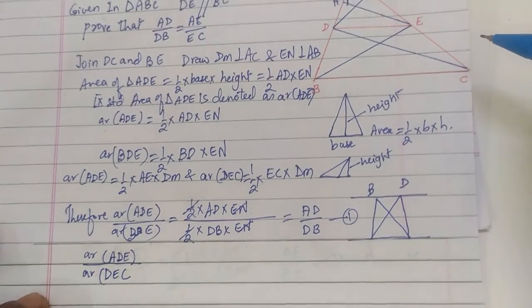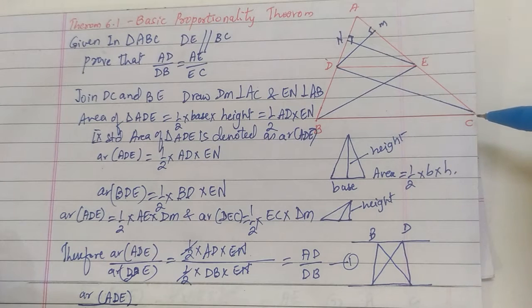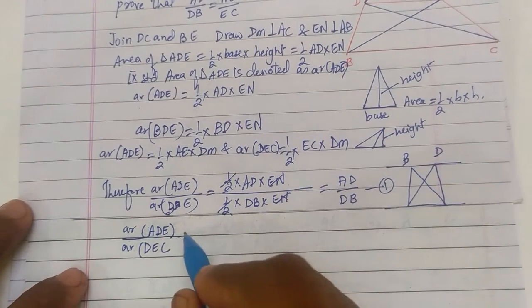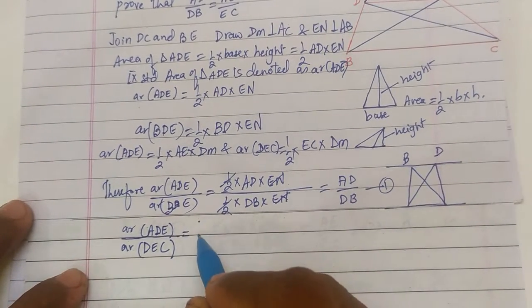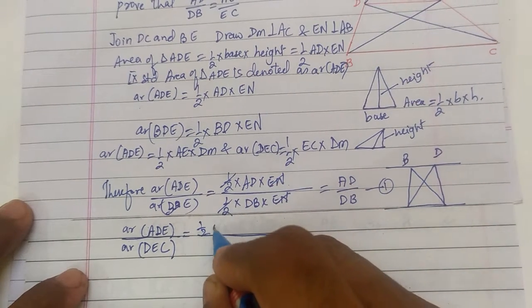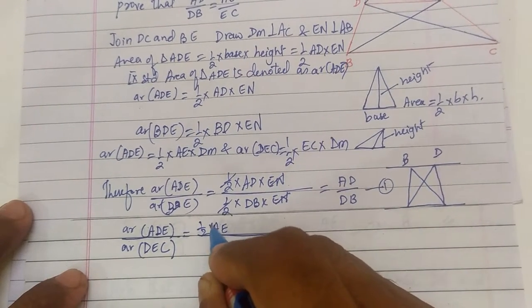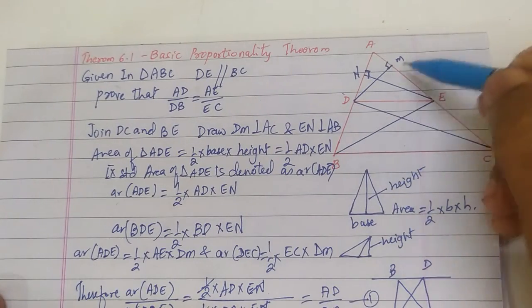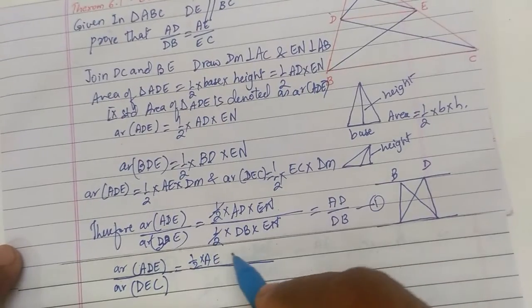Here you can see DEC, the base will be this and the height will be DM. It will be half into AE, this side AE, and height DM.